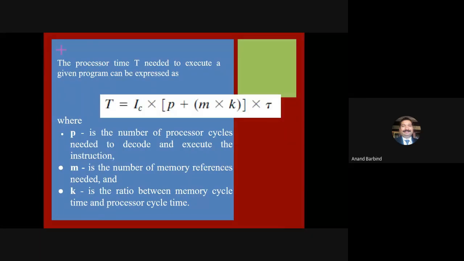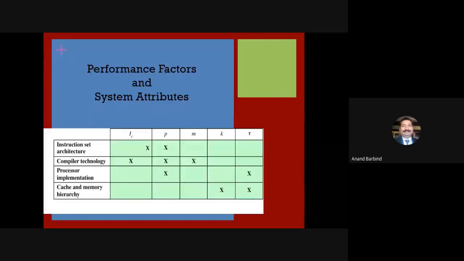So this is another formula you may need to refer to while calculating the performance of the computer. You can refer to this particular matrix which defines which parameter or feature of the processor or computer is related to the parameter in the total time required for execution of the program.